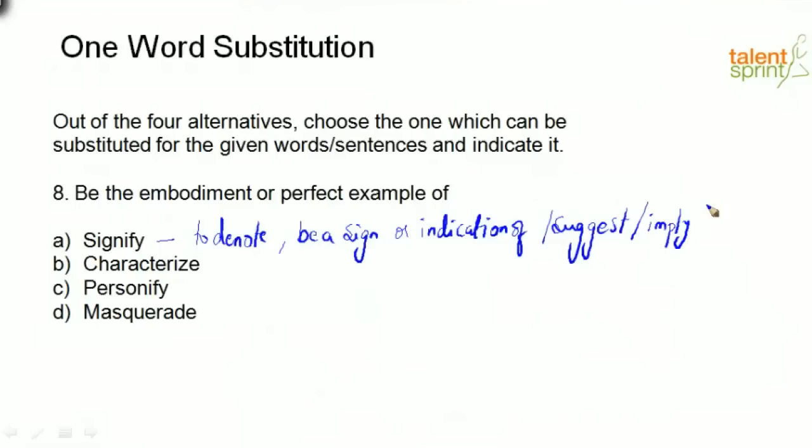If that's the case, characterize is to describe. You can describe the character of, but here it's talking about you acting and behaving like that person. Characterize is you describing the character of whoever, right? But the phrase is talking about representing that person.